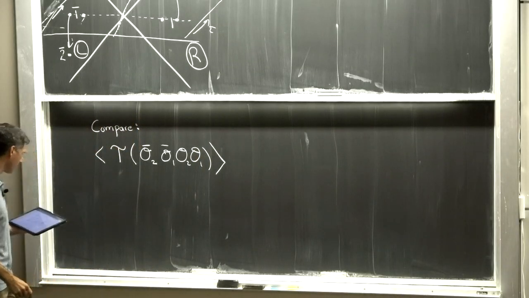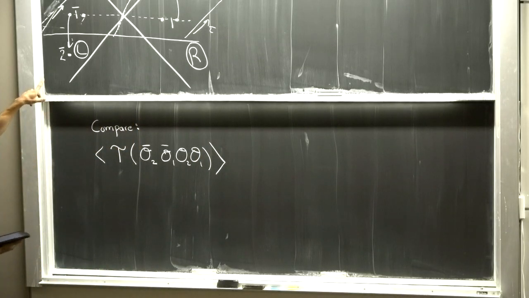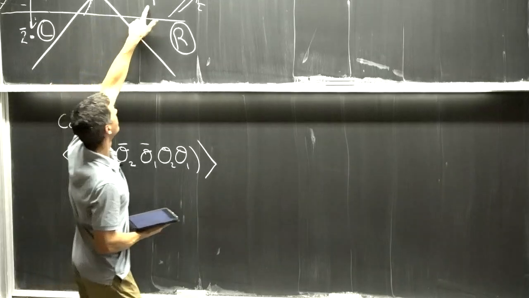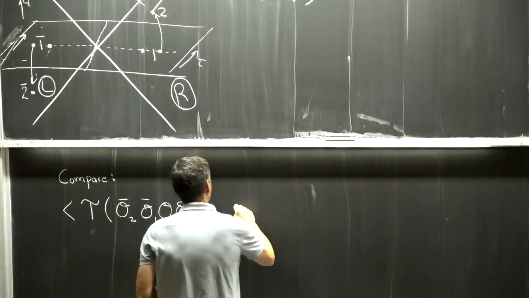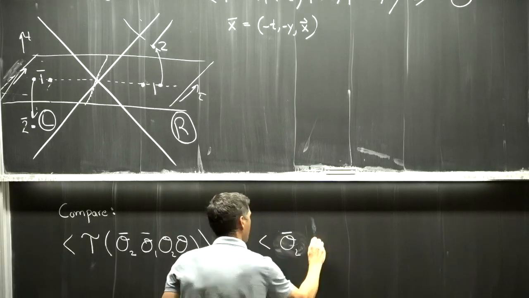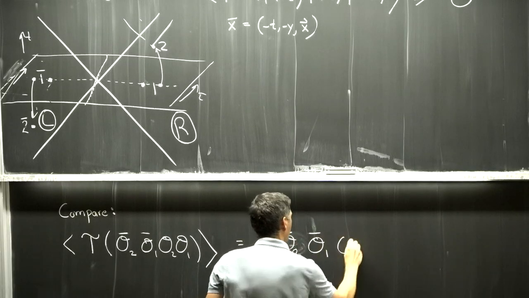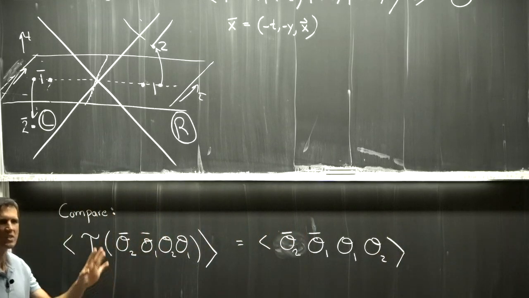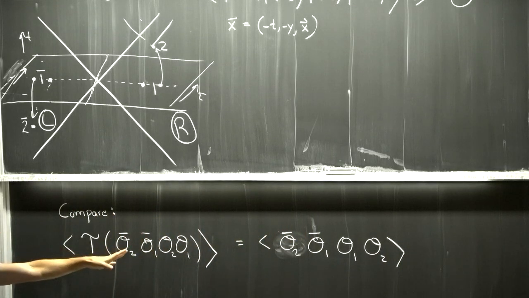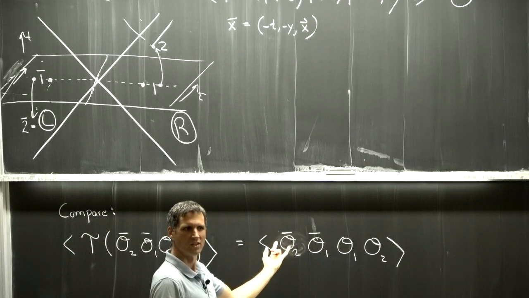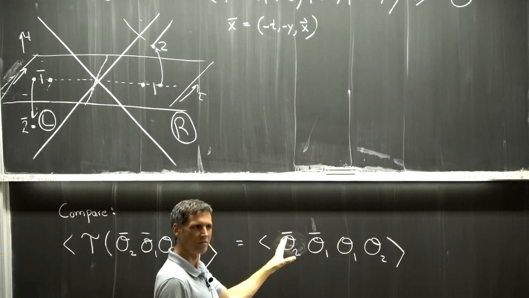The time-ordered correlator, if we look back at the way everything is ordered here, is O2 bar, O1 bar, O1, O2. So this is not the one we've been talking about, by swapping some of the operators. So this is not the one that's positive.